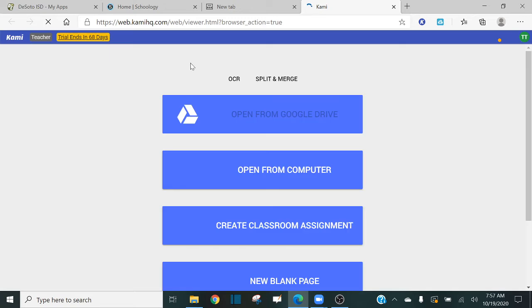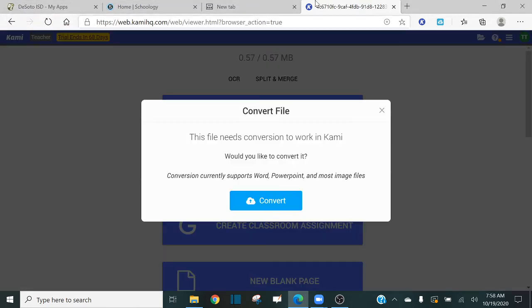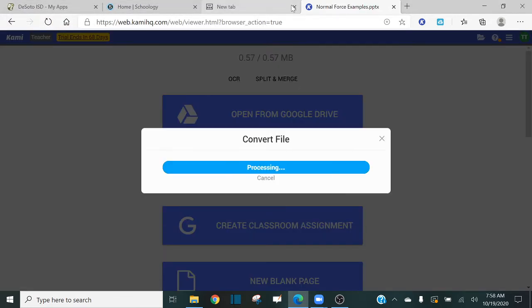You guys, give me just a second. I'm trying to get the right file open. Okay, I had a PowerPoint, but in order for me to use it in Common, it has to convert over into a PDF, and so that's what's going on now.